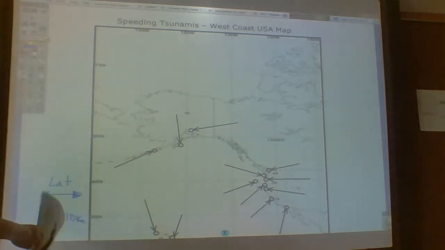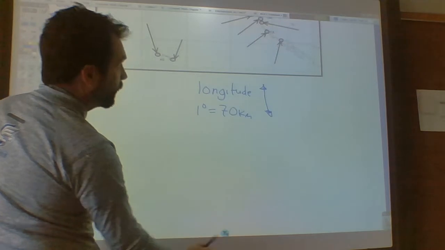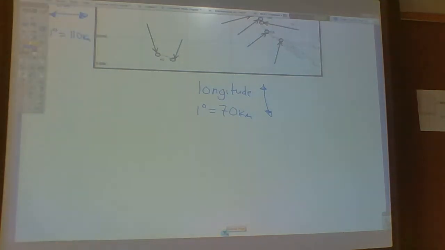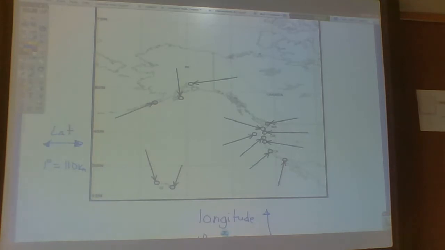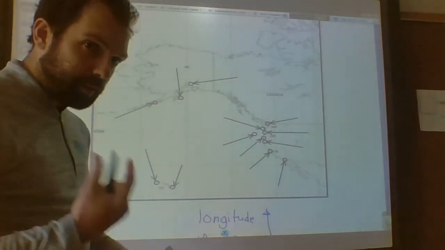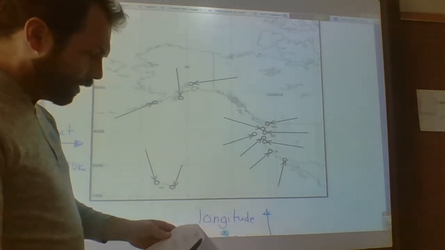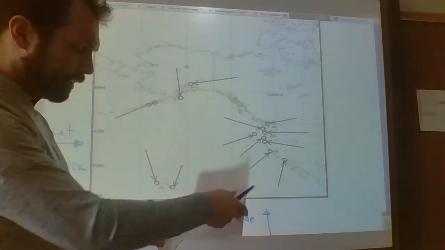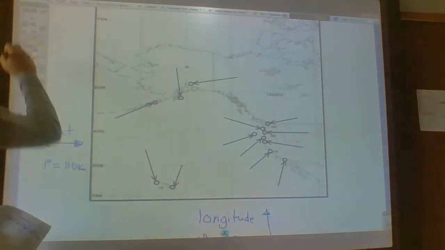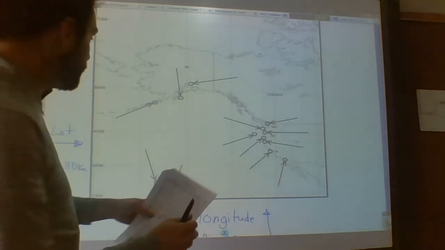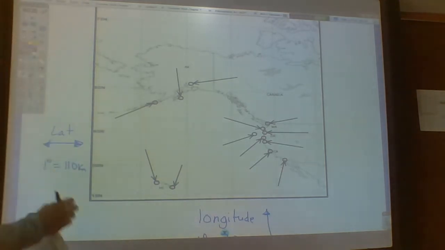So here's the West Coast USA map. Our first step, we're going to label the important locations for our scenario. For my scenario number 3, the epicenter of my event is the Cascadia subduction zone.